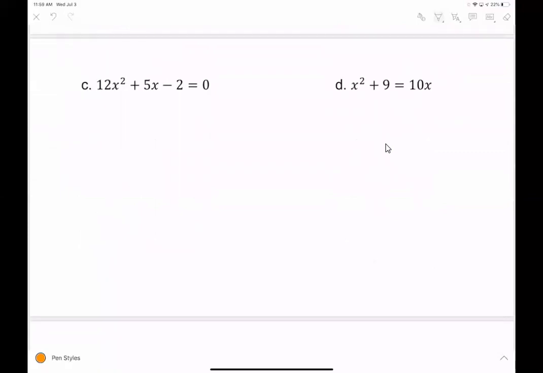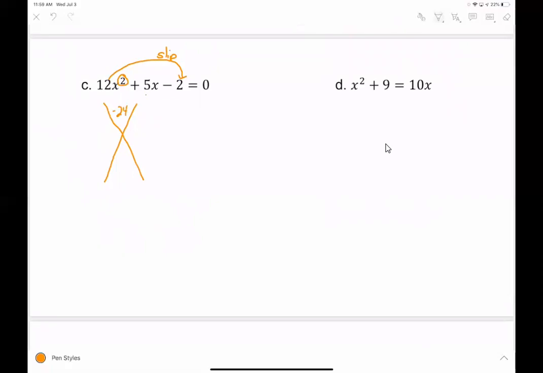So example C, I'm looking at the equation, and notice here I've got a 2, so that tells me I'm going to have 2 solutions. I've got it equal to 0, and I don't have a GCF, so what I'm going to do here is use the slip and slide method again. And now I'm going to place it in my diamond. So 12 times a negative 2 is a negative 24.